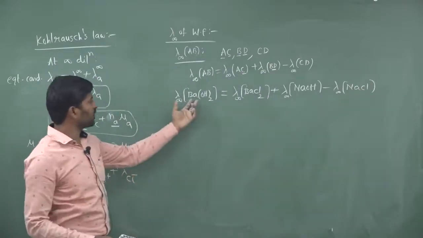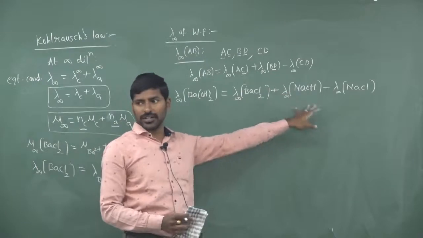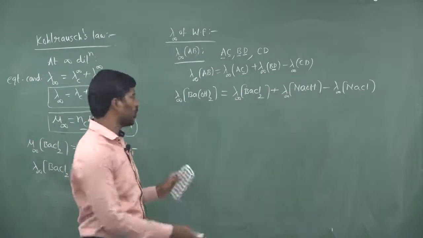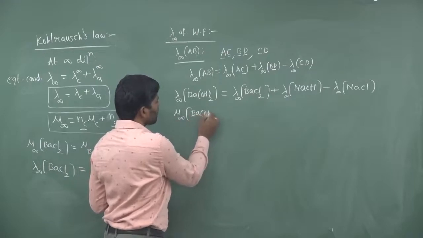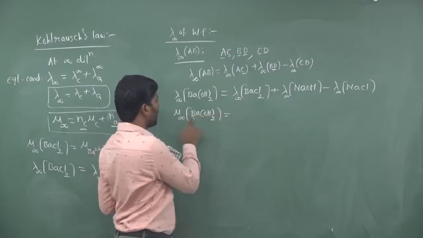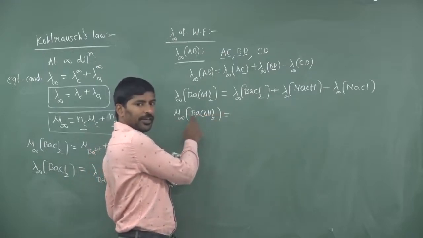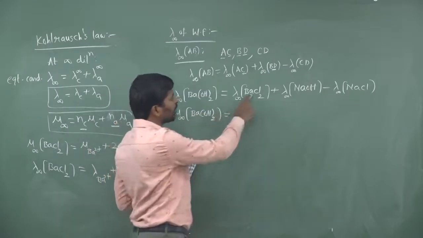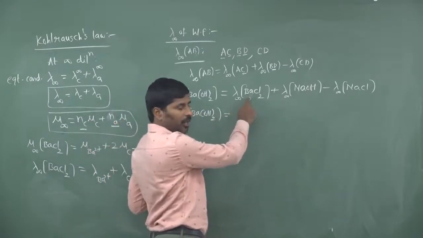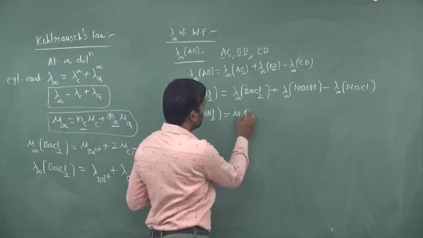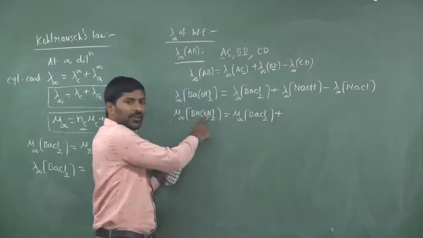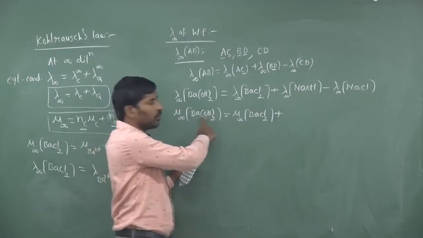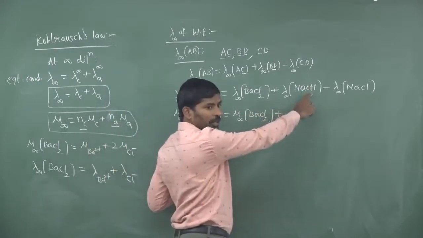Whether we are concentrating on the number of moles or not, if you go to molar conductance, here how many moles of barium are required? 1 mole of barium. In barium chloride, how many moles of barium are there? 1 mole only. So therefore, mu infinity of barium chloride. Next, how many moles of hydroxide ions are required? 2 moles. In NaOH, how many moles of hydroxide are there?